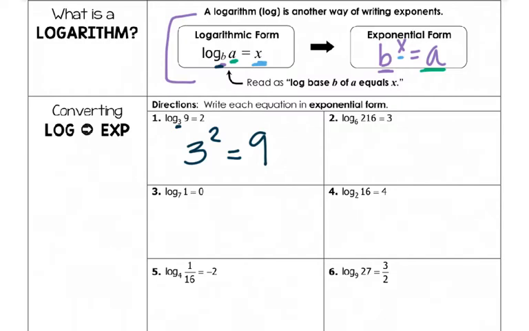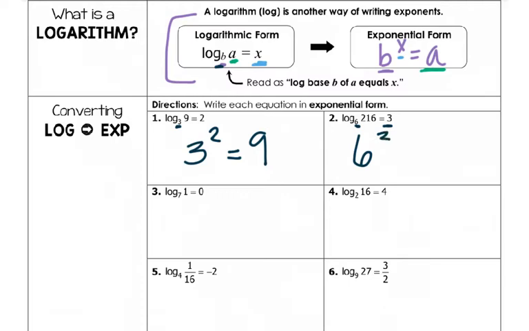So again, we're going to look at number 2. The first thing we pull out is our big number, our base number. And that is right here on your log. So we're going to say 6. Now we look for our exponent. Remember, your exponent is whatever is right here in your log.